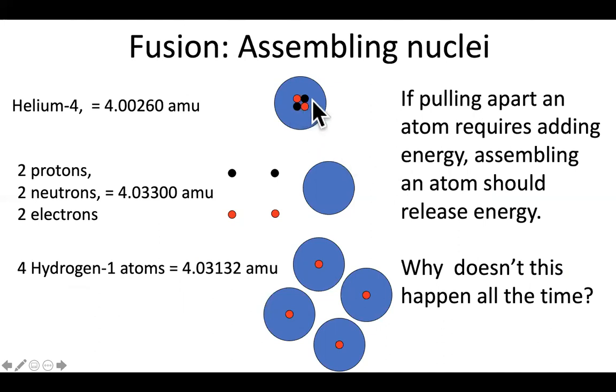In the process of that, have a couple of extra nuclear reactions that turn 2 of the protons back into neutrons. That's actually a process that can happen. And that'll turn out to get rid of 2 of the electrons too. That also results in a decrease in mass. It goes from 4.03 to 4.003. So this process does release energy. Assembling hydrogen atoms into helium releases energy.